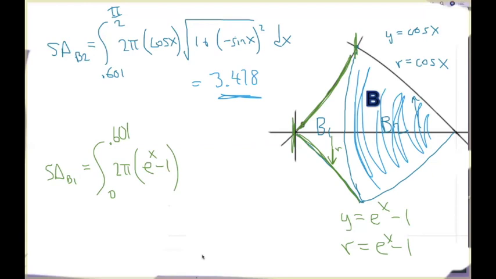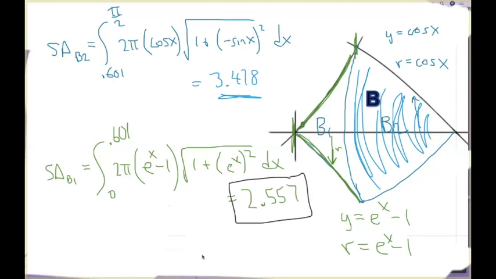And curve length. Okay, so we've got to do the square root of 1 plus the derivative squared, which the derivative of e to the x minus 1 is e to the x. So we've got e to the x quantity squared dx. And that comes out to a value of 2.557.